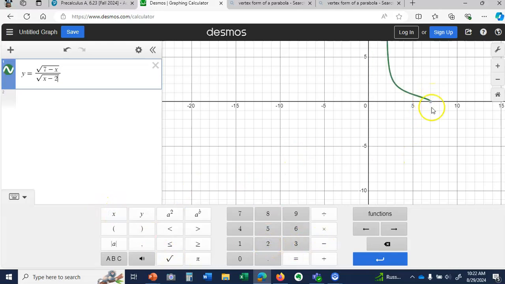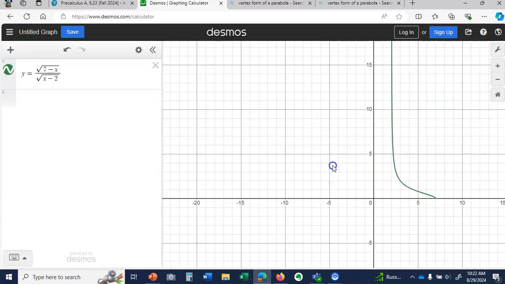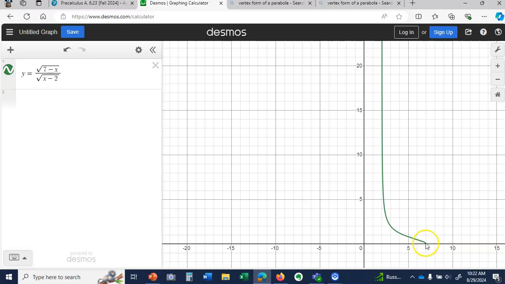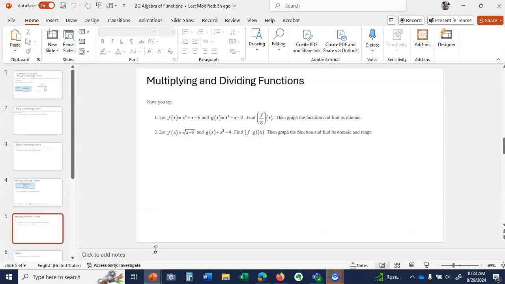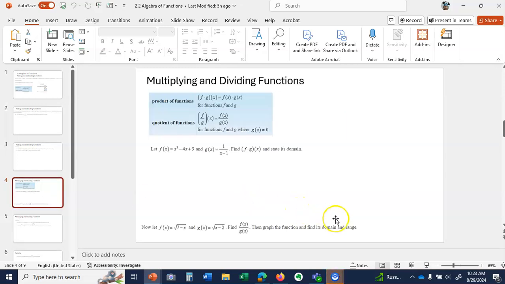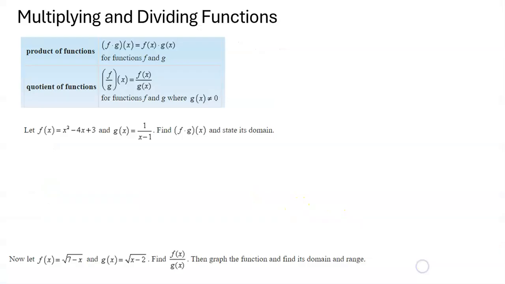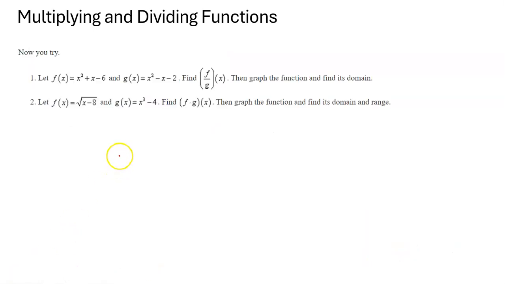Okay, so it looks like my range, or my domain, is going to be from 0 to positive infinity. So if I come back here, so the range is going to be from 0 to positive infinity. Okay, now we can do the next one.